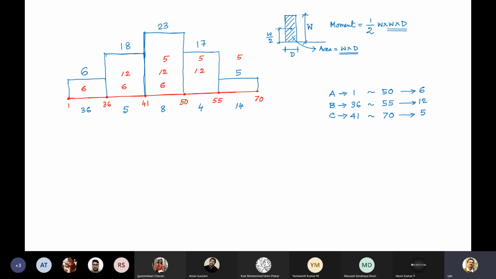Now if you get the moment, because higher moment means it's non-uniform.